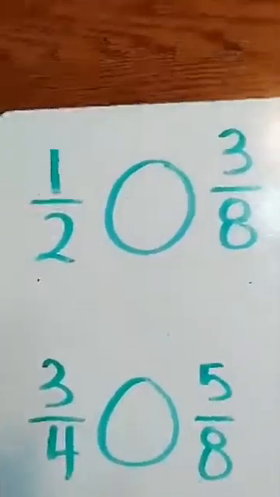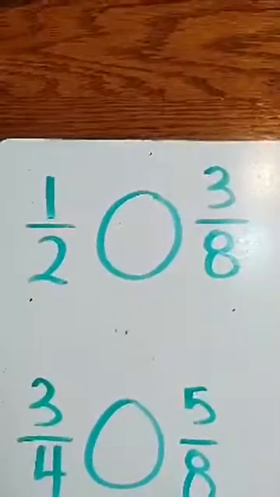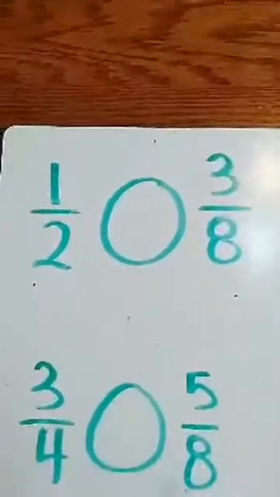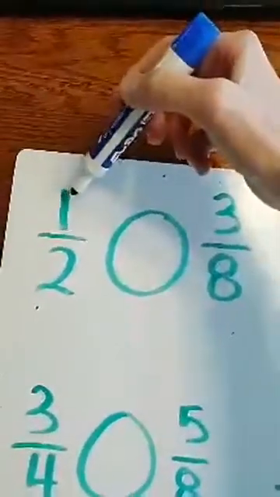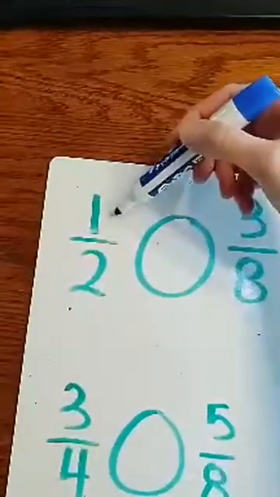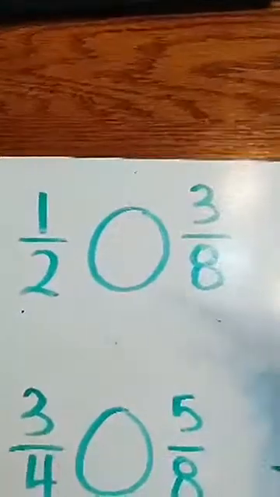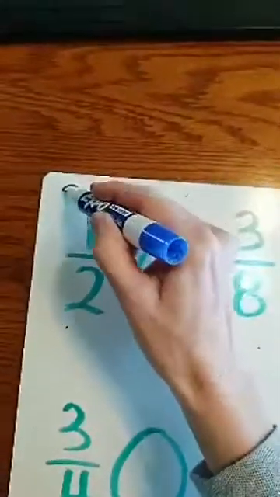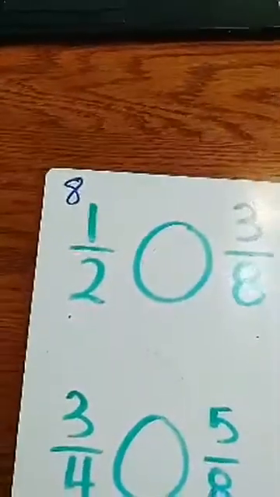Easy way. When we compare fractions, all we need to do is multiply diagonally. So I'm going to take 1 times 8, and we know any number times 1 is itself, and I write that answer up here.